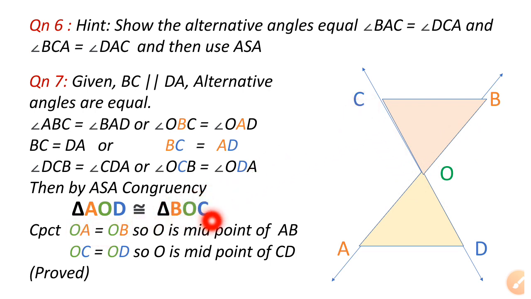Then we have to prove that O is the midpoint of AB as well as CD. Here we can use CPCT, that means corresponding parts of congruent triangles, and we are considering the corresponding sides.